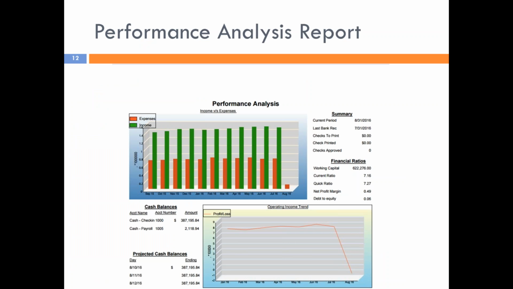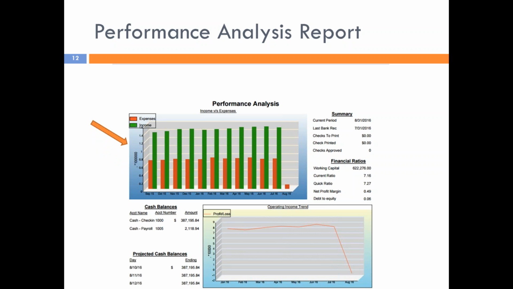The performance analysis report is something that you can send out to your clients automatically when you close a period and close a year. You can actually set up a complete report set that you want to send out, and I always recommend that one of the things that should go with it is the performance analysis report.